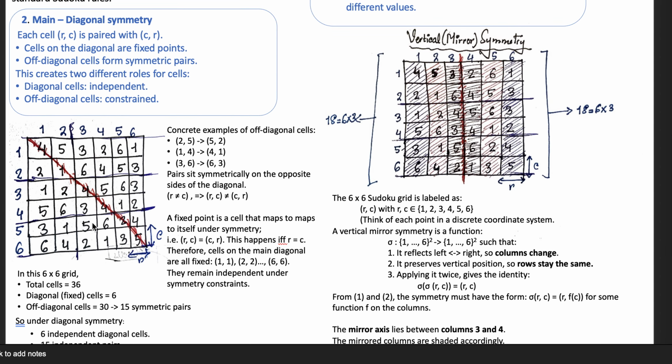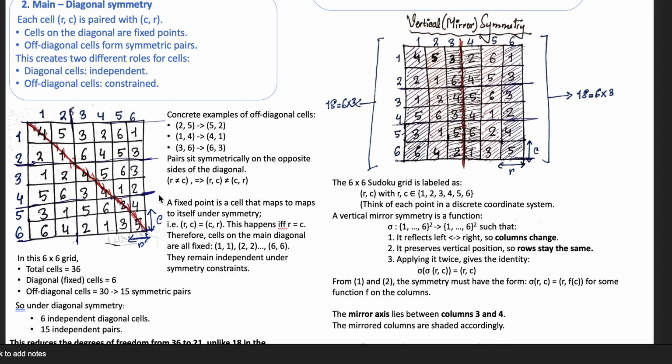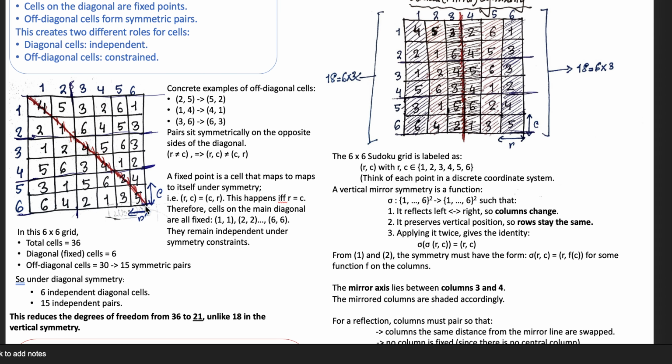The cells off the diagonal form symmetric pairs, such as (2, 5) that maps to (5, 2). So (R, C) maps to (C, R) in that case. With these 6 diagonal cells that remain fixed out of the 36 cells, you remain with 30 off-diagonal cells, with 15 symmetric pairs.